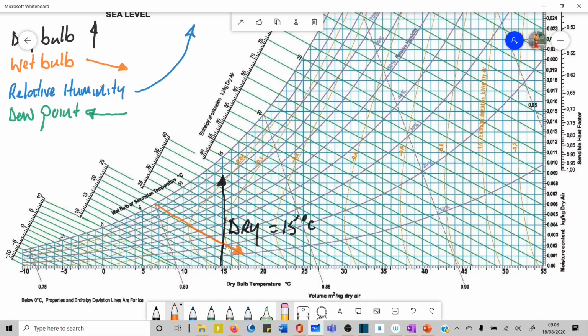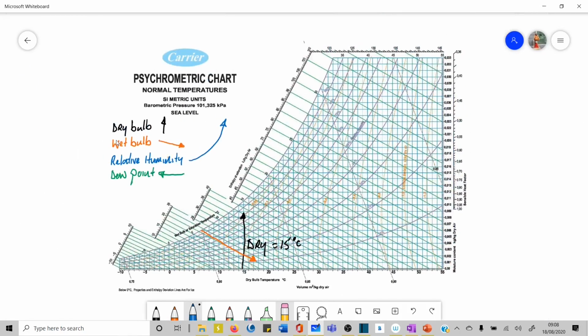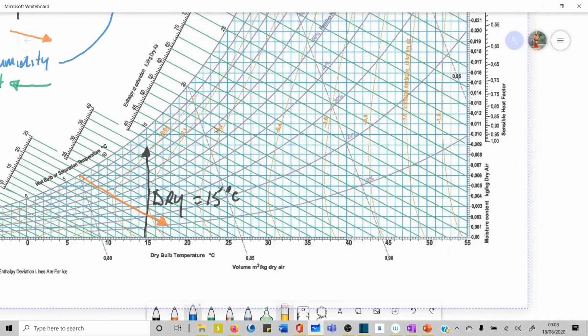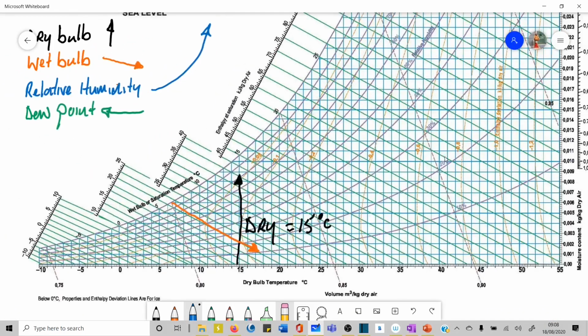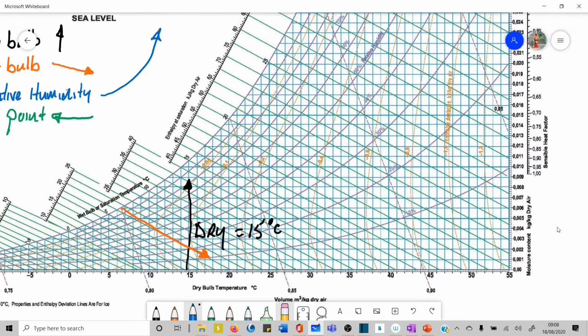And that's the most important thing, because wherever the wet and the dry cross, that's where all the information from the psychrometric chart is taken from, that crosshair point there. If we was to take the relative humidity, it goes up on that curve. So where the two cross, we follow this line up like that.